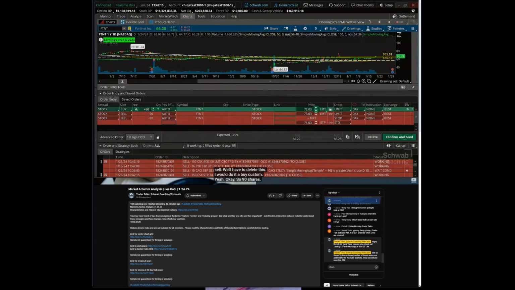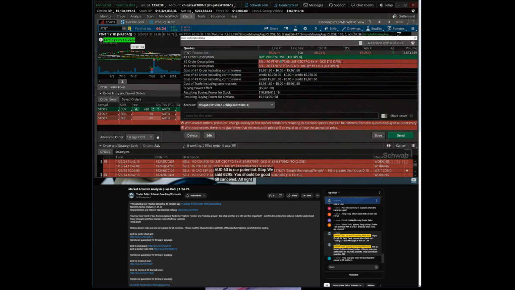All right. Limit, we're buying it at the market. 75 is our potential target. And 63 is our potential stop. We said 62.95. You should be good till canceled.